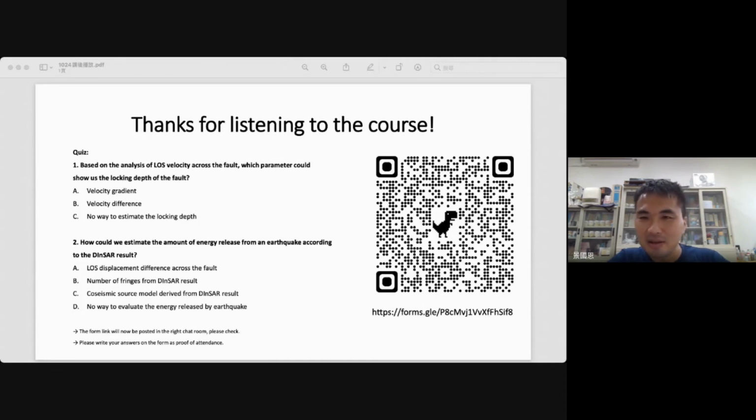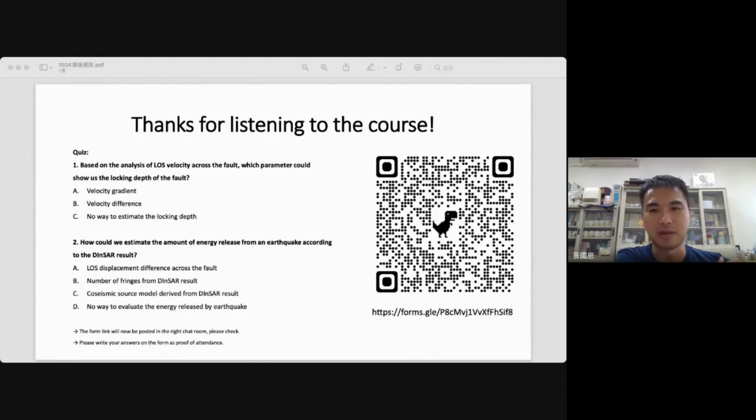Oh, a shift between GNSS and InSAR. So it depends on what kind of shift you encounter. In this case, I would suggest you have a discussion with other lecturers.